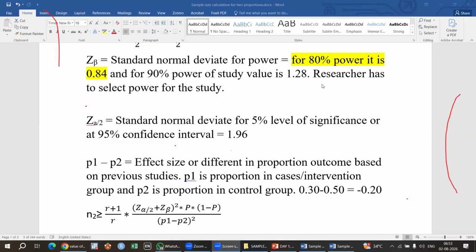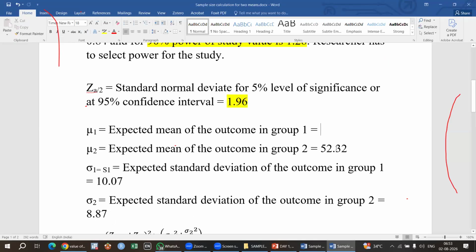So what do I have to do? I have to mention it here. It is 2.6. Oh, sorry, 2.6 here. I am also making mistakes. Here I have mentioned 5.2, I think. Expected mean of the outcome in group 2 or control. I think it is 5.2. And here sigma 1 or S1.